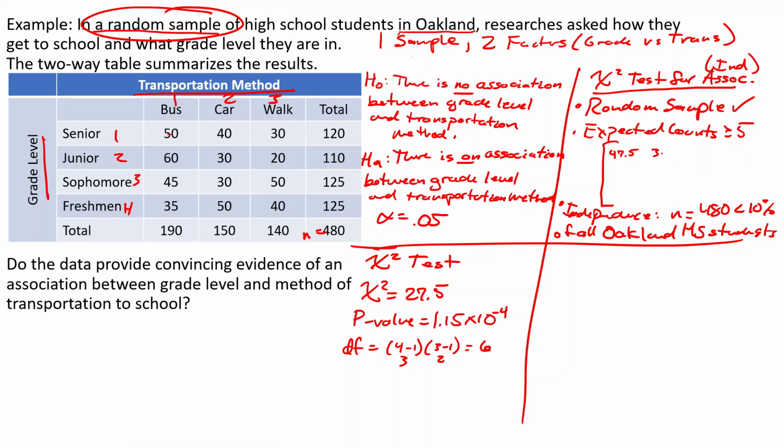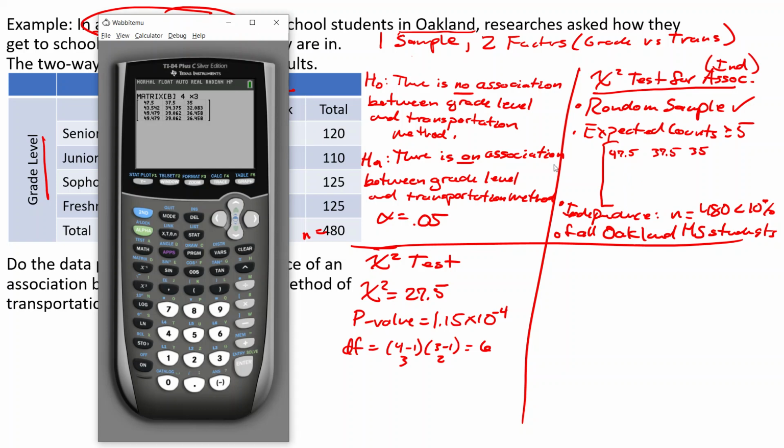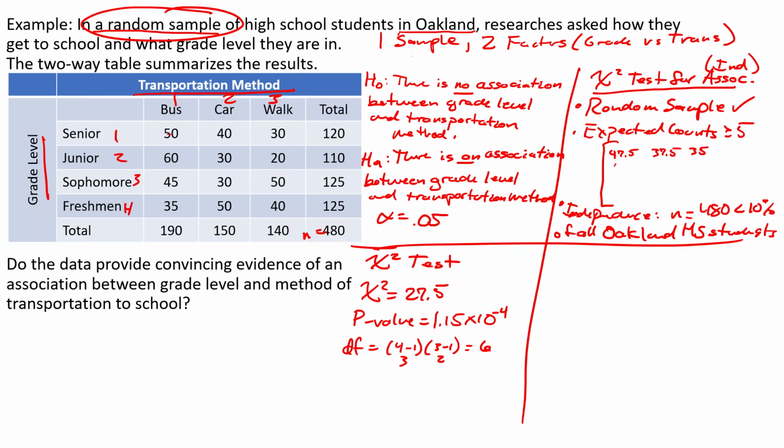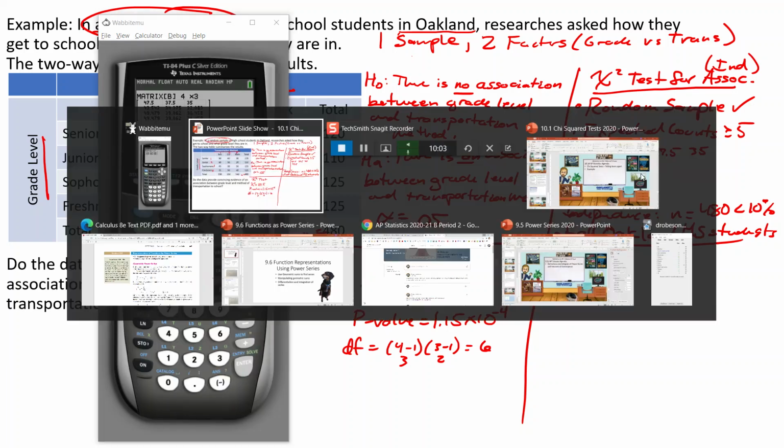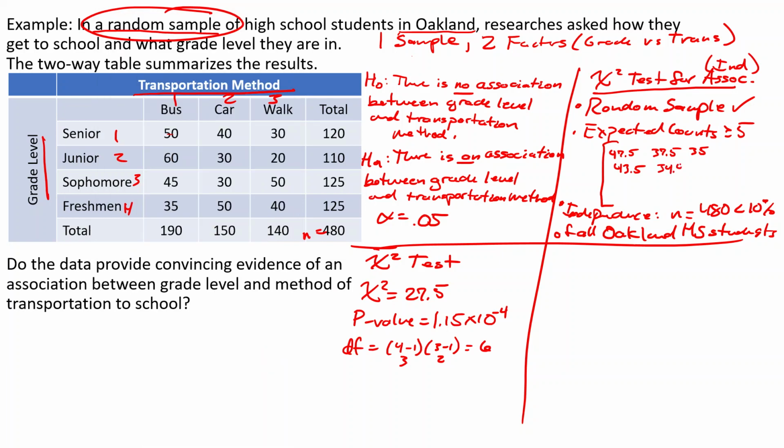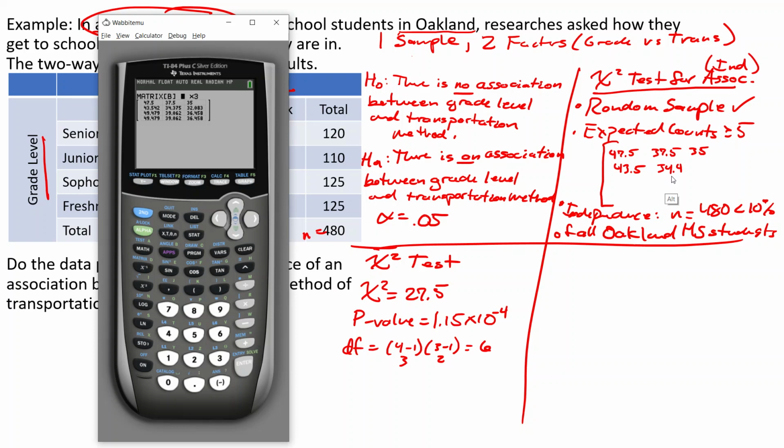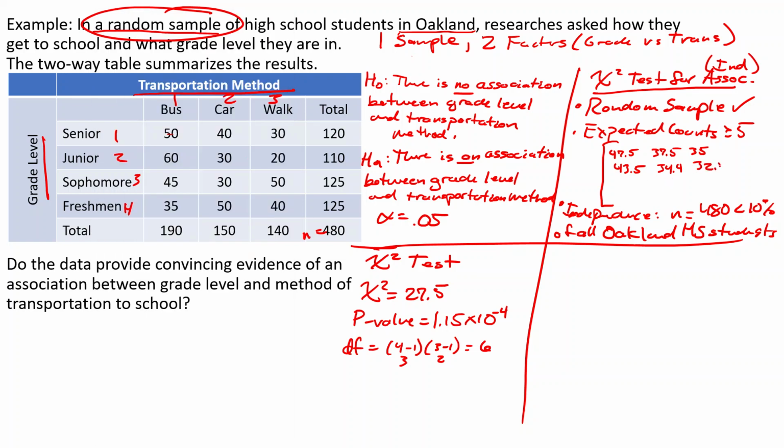Yep. All right. And the next row was 43.5, 34.4, and 32.1. I'm not going to remember any of those. 43.5. 34.4 is what that rounds to. And 32.1 is what that rounds to.